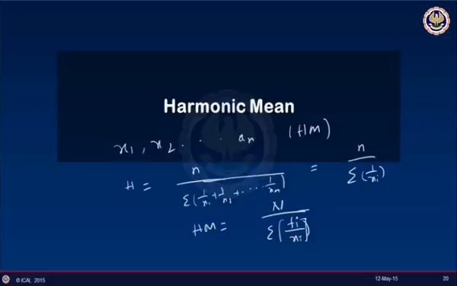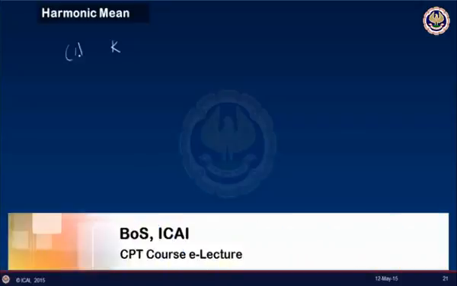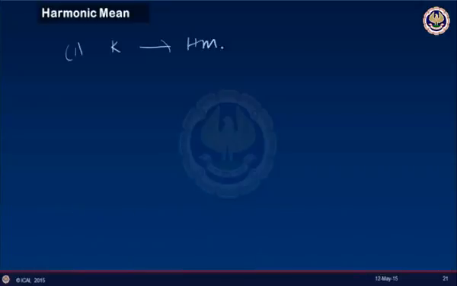Now let us look at the properties of harmonic mean. If all the observations taken by a variable are a constant k, then the HM of the observations is also k.